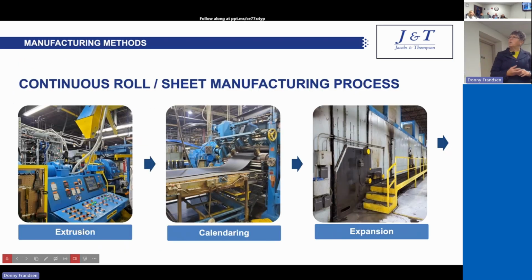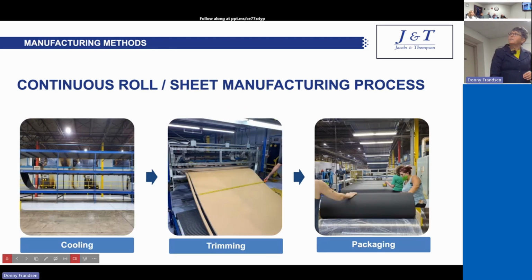Okay, so continuous rolls are made in a 300-foot oven. This is a rubber plant here. The material gets mixed basically on the second floor, drops down into some mills, and then goes to the extruder. The middle picture is raw stock going into the oven. The raw stock has to be a certain thickness and a certain width. It's pretty thin. Then it goes 300 feet into this oven where it gets cured and expanded.